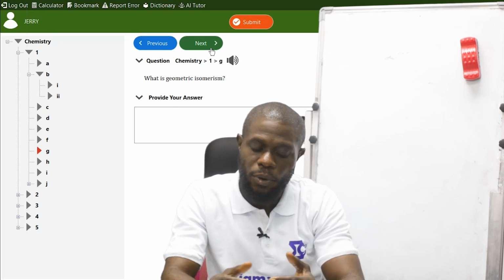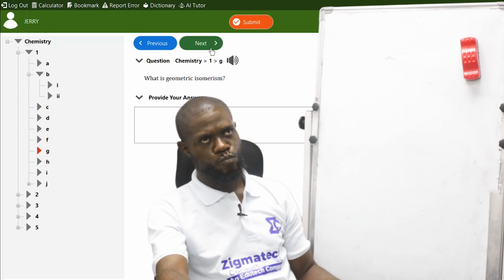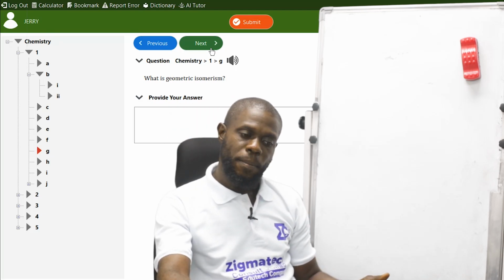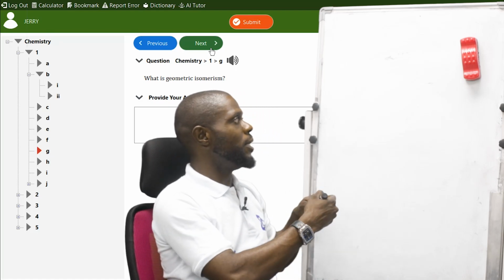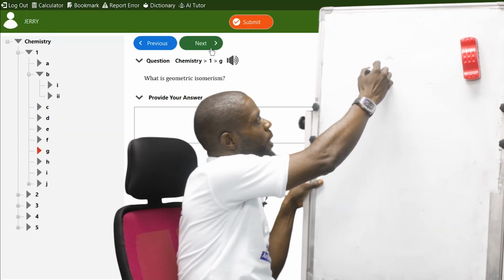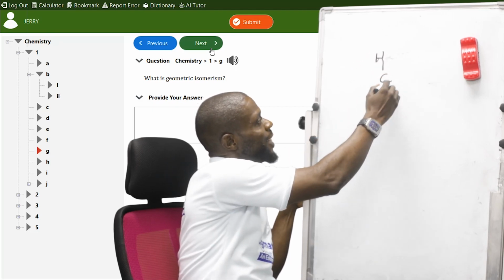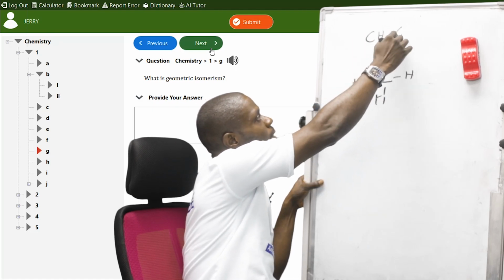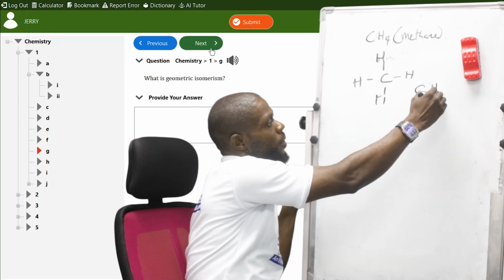An example is methane and ethane. Methane has a structure that is tetrahedral. That's the shape of the molecule of methane, tetrahedral. This is CH subscript 4.